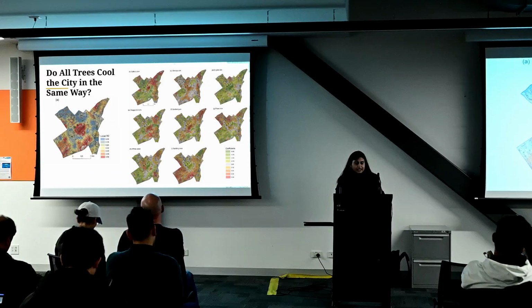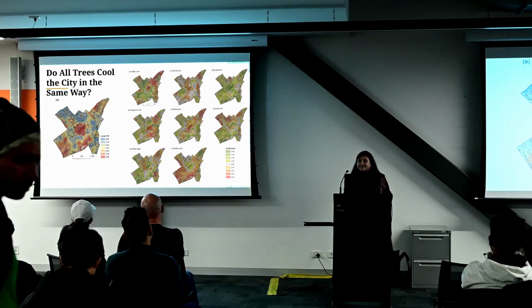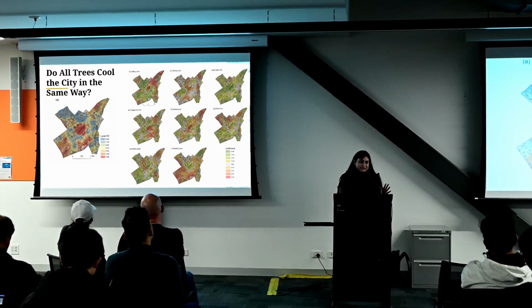If I zoom in, it first gives one R-square, which is a local model fit, which tells how the model is performing across the study area. If it's red, that means the model performed well. If it's blue, it's performing, but not good enough. So it shows the goodness of fit.